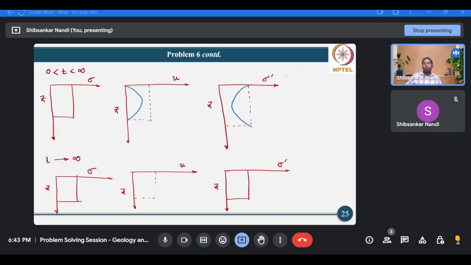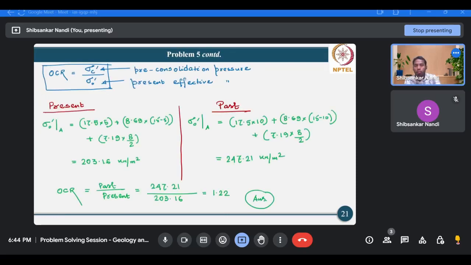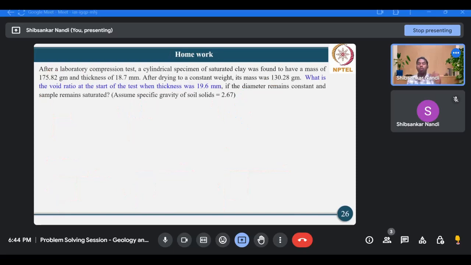Okay, so this is a very similar problem to problem number 4, I hope. Yeah, this is a very simple problem, because in problem number 4 there was also this kind of data, but it was given in a more direct way.